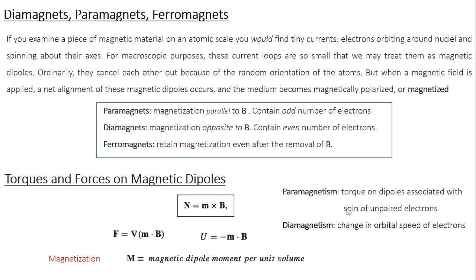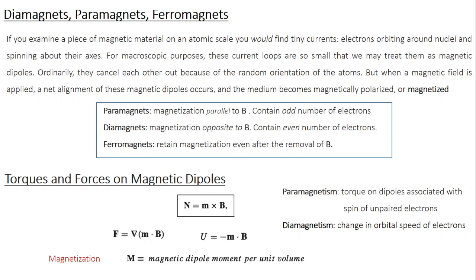So if a material has an even number of electrons, all the spin dipole moments cancel each other and you have a zero net magnetization. On the other hand, if the material consists of an odd number of electrons, now the last electron is unpaired, meaning its spin magnetic moment remains uncancelled.